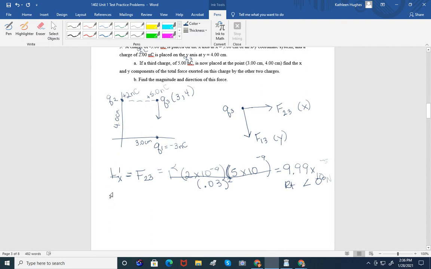If I want to get the force of charge 1 on 3, that's going to be K. Q1 was the 3 nanocoulombs.